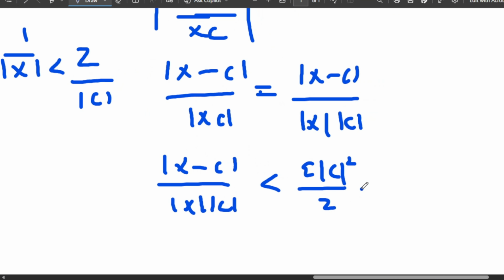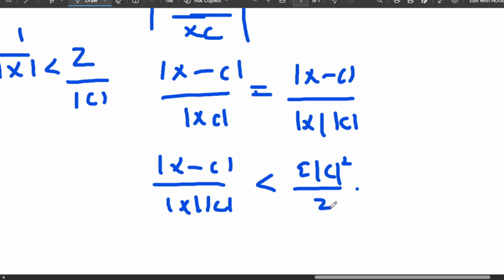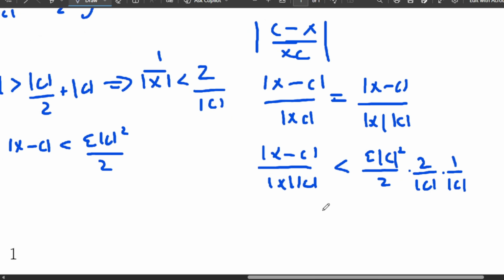That means we substitute: we have 2 over |c| times 1 over |c|.